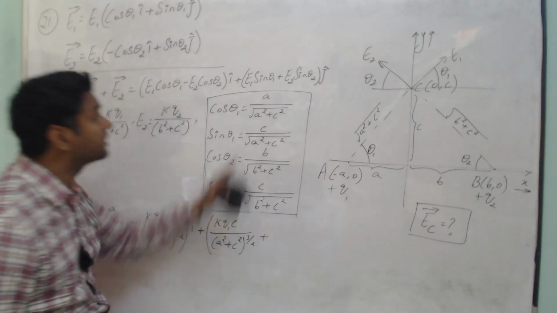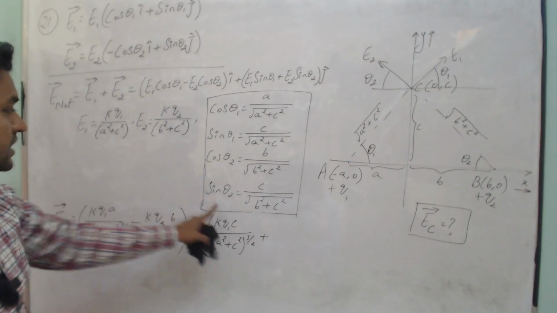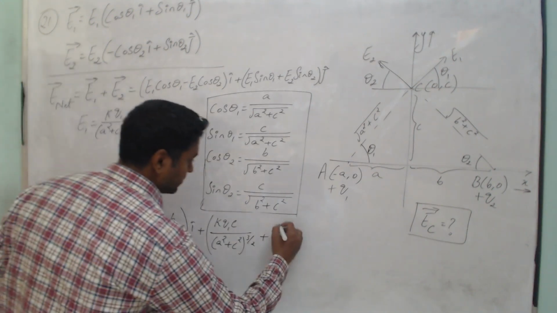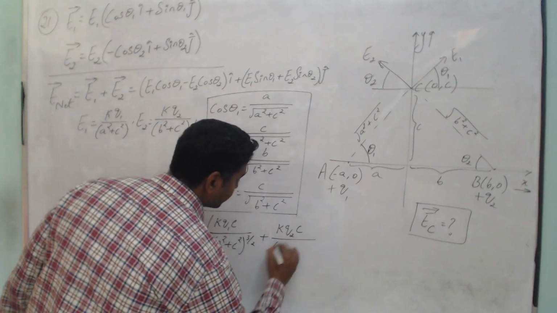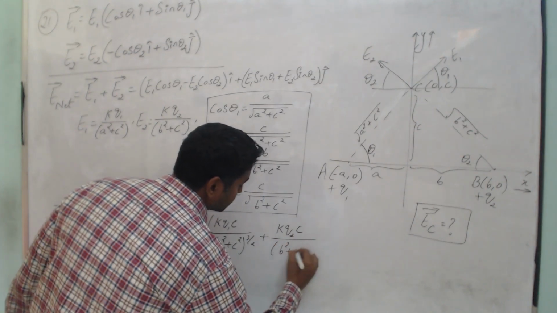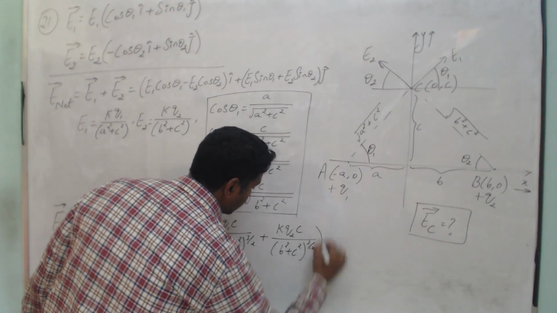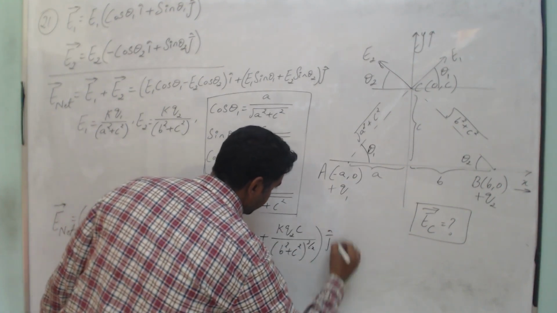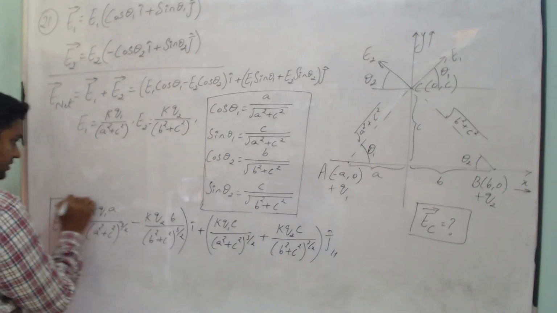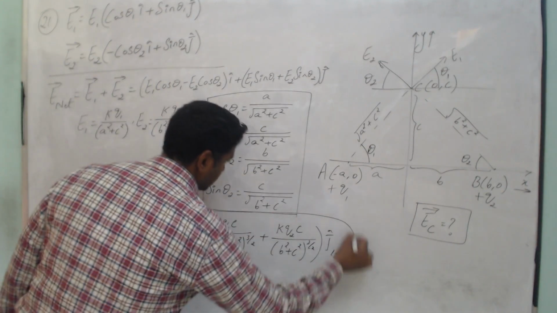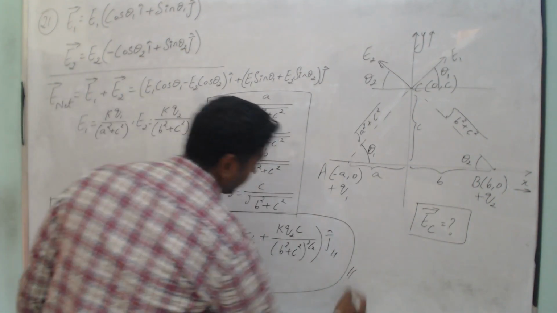Plus, here we will have plus sign, E2 sin theta 2, which is KQ2 C divided by B square plus C square whole to the power 3 by 2, and this is my j cap, and this is my E net resultant. Is it clear?